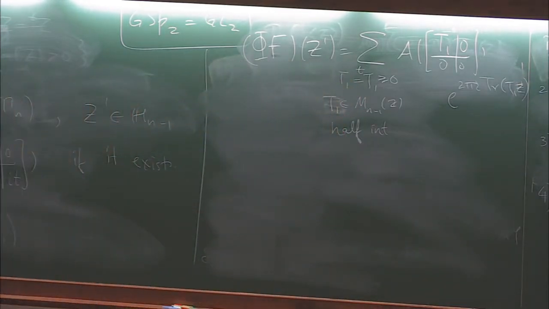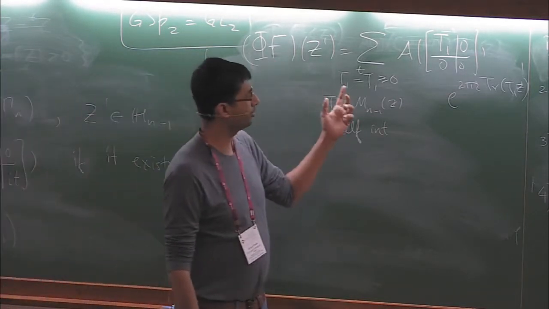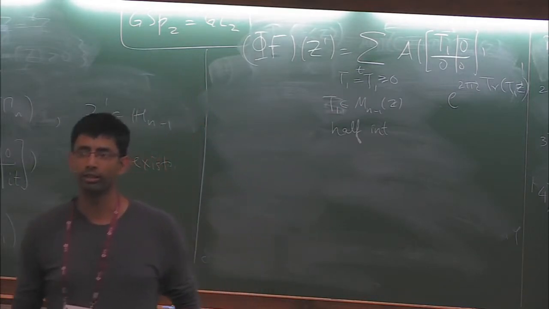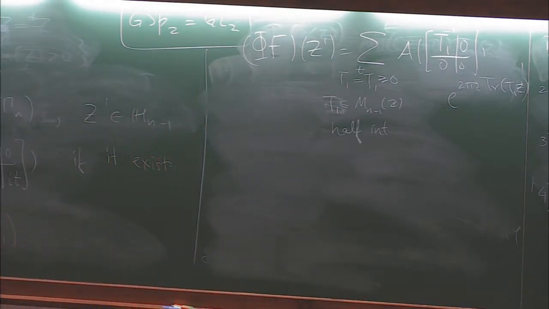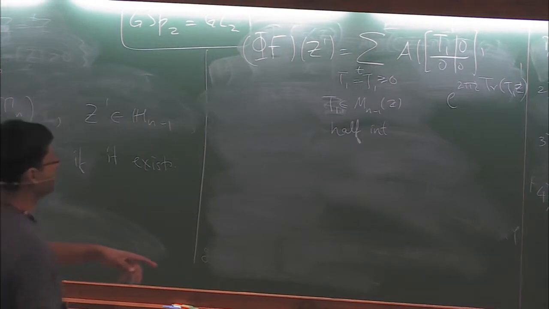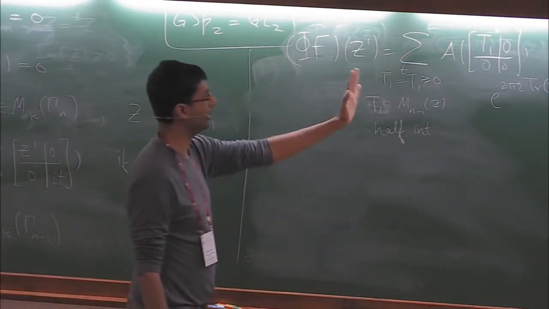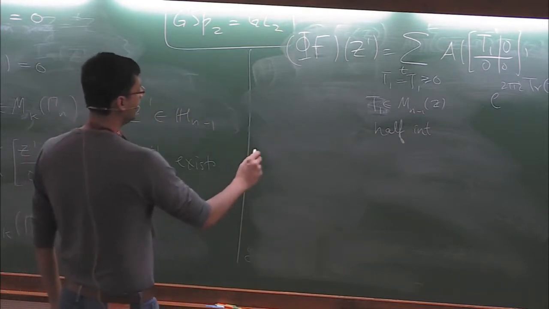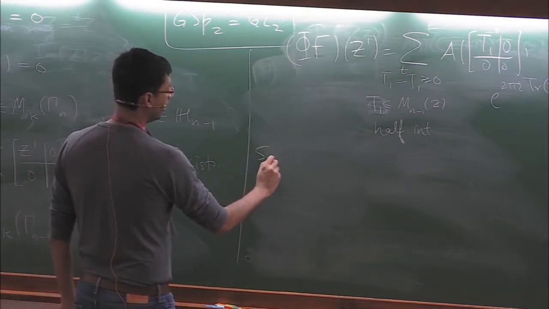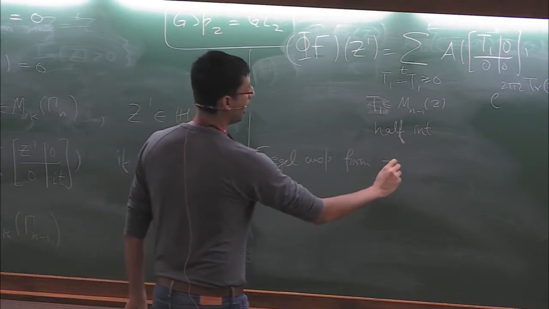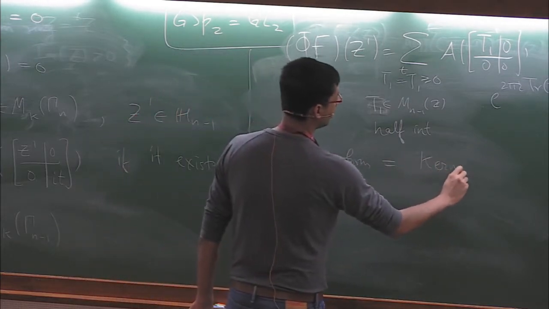So the Siegel phi operator picks up all the Fourier coefficients of f which are not positive definite. So you can show that if you have a matrix like this, and if you don't have positive definiteness, you can arrange it to be in this form. So basically it's collecting all of these guys, and then the Siegel cusp forms are precisely the kernel of phi.